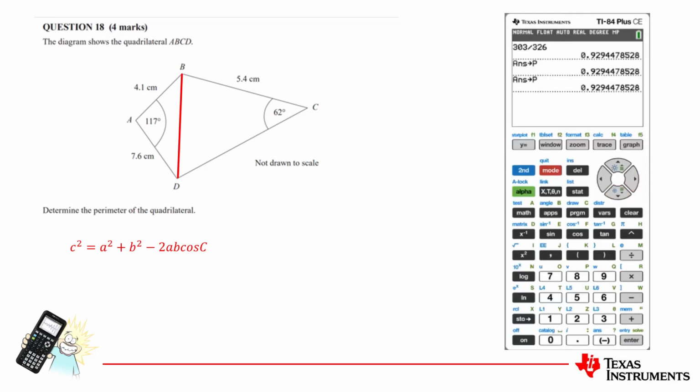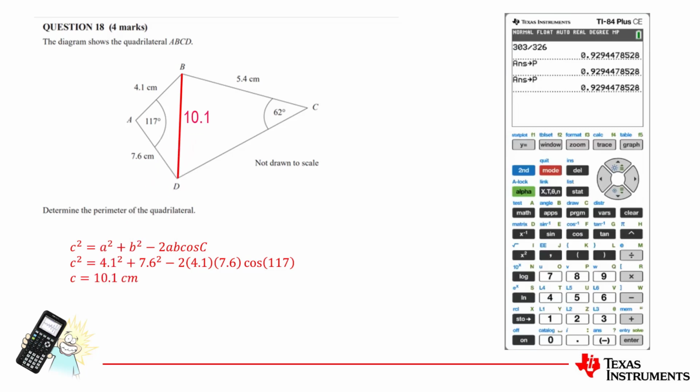So if I imagine I cut that quadrilateral in half, turn it into two triangles, I'm going to solve for what that value is there. So I had 4.1 squared plus 7.6 squared, and then those same values substituted in for a and b, multiplied by cos C, which is 117, and I came out with 10.1.